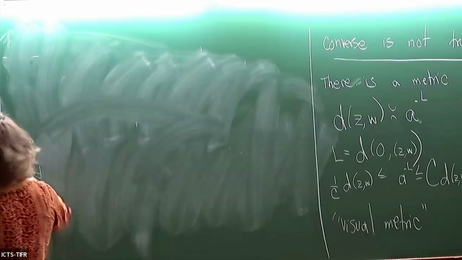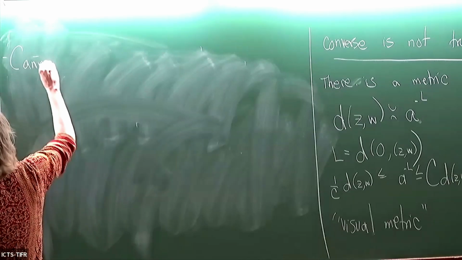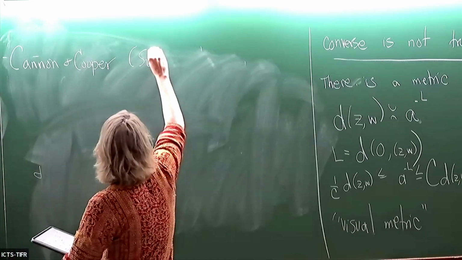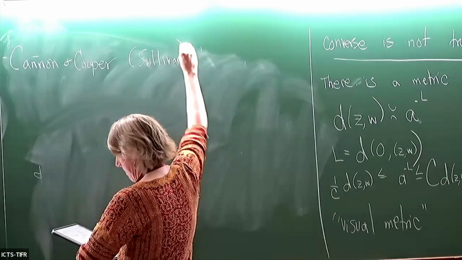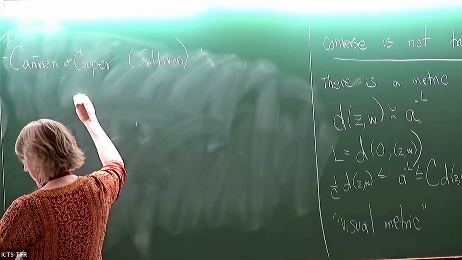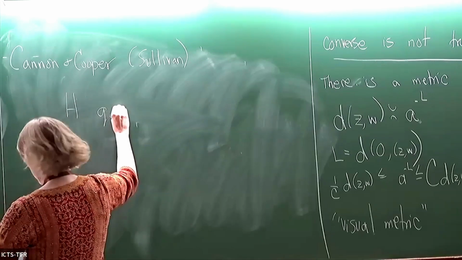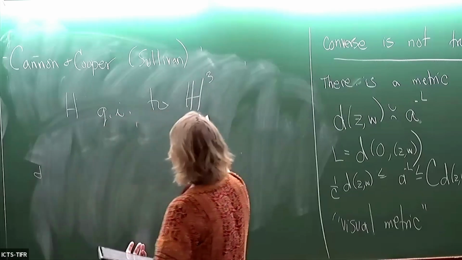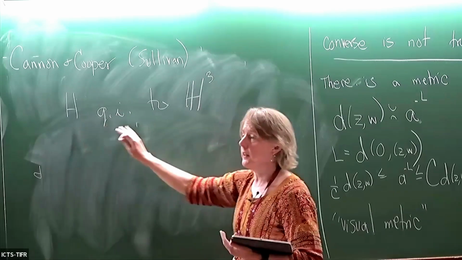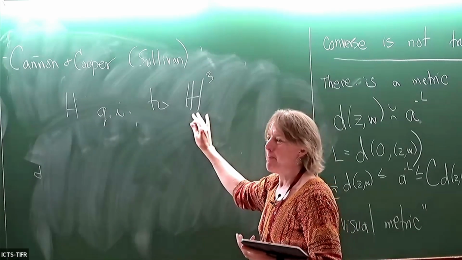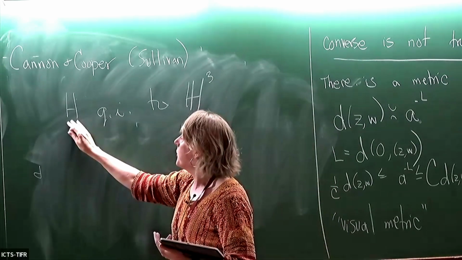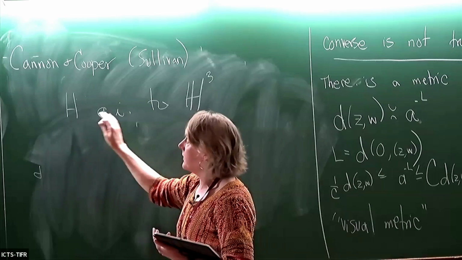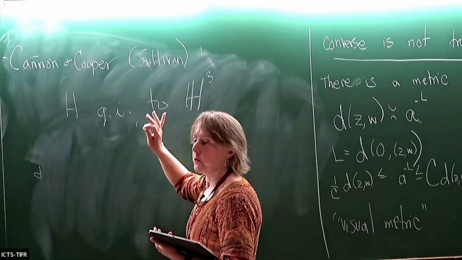Okay, so I think what you just mentioned, so Cannon and Cooper, using work of Sullivan, showed that if you have H QI to H3, okay, so now I wrote a group, which is called H, and a space, which is also called H. But what I mean is that I can't talk about groups being QI to spaces, I just mean it's QI to some group that acts geometrically on that space, sort of blurring them.